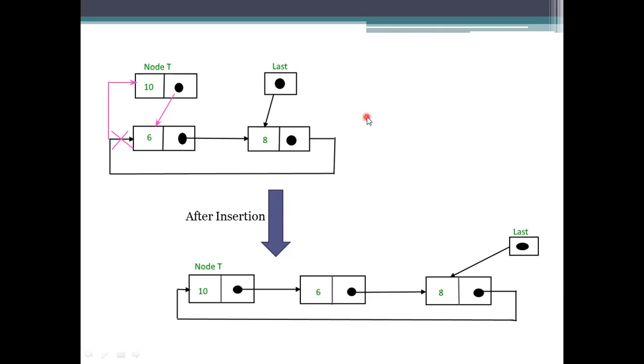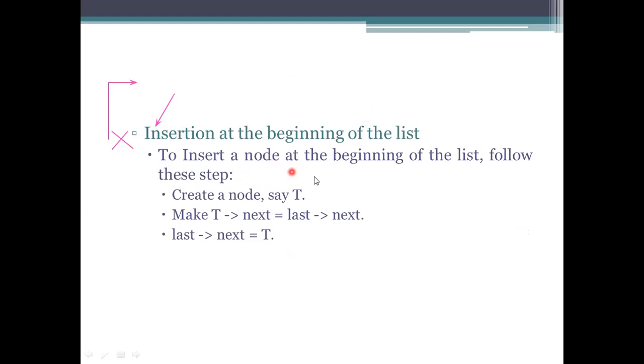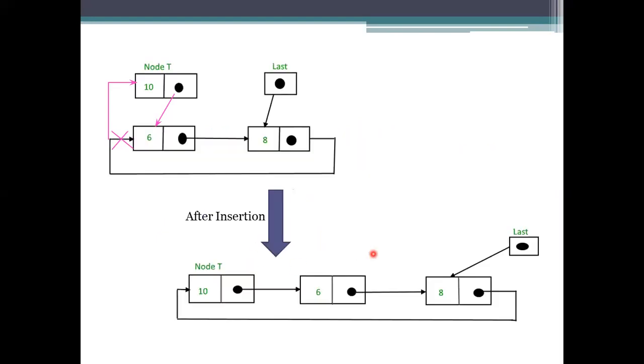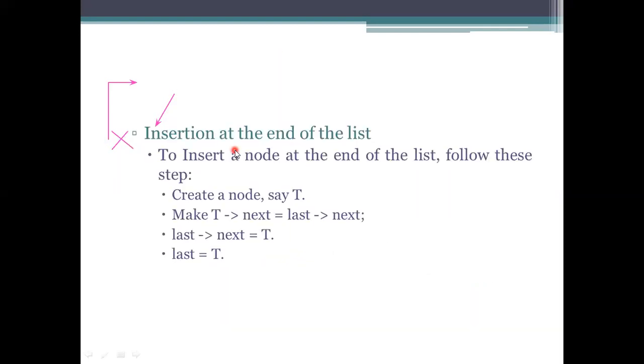So here, to insert a node at the beginning, first we need to create a node as we have created. So here, what you have to do, we need to take T node's next pointer to be last node's next pointer. T node's next pointer is 6, as we know, but we need to specify that to connect this one to this one.